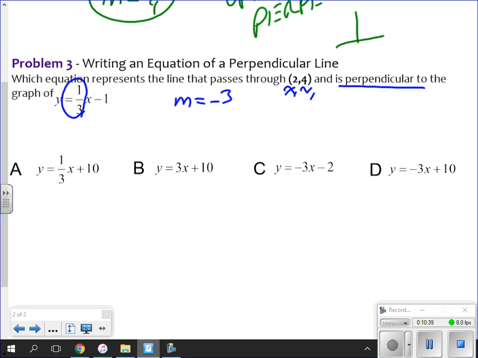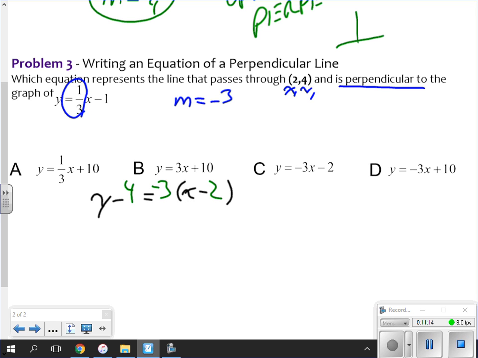I have a slope, I have a point. Plug in my slope and point and figure it out. So my y coordinate is 4. My slope is -3. My x coordinate is 2. Now, this doesn't look like any one of these, so I need to rearrange.